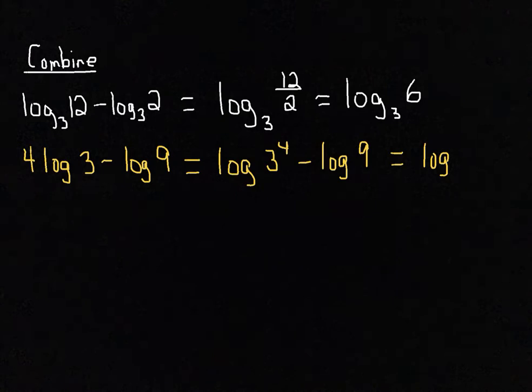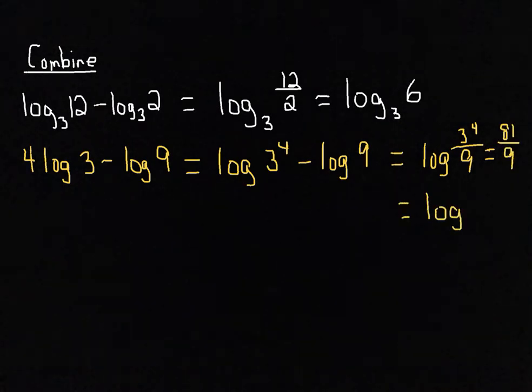So it's 3 to the 4th, and 3 to the 4th is 81. So this is the same thing as 81 over 9. 81 over 9 is just 9. So it's log of 9 in base 10.